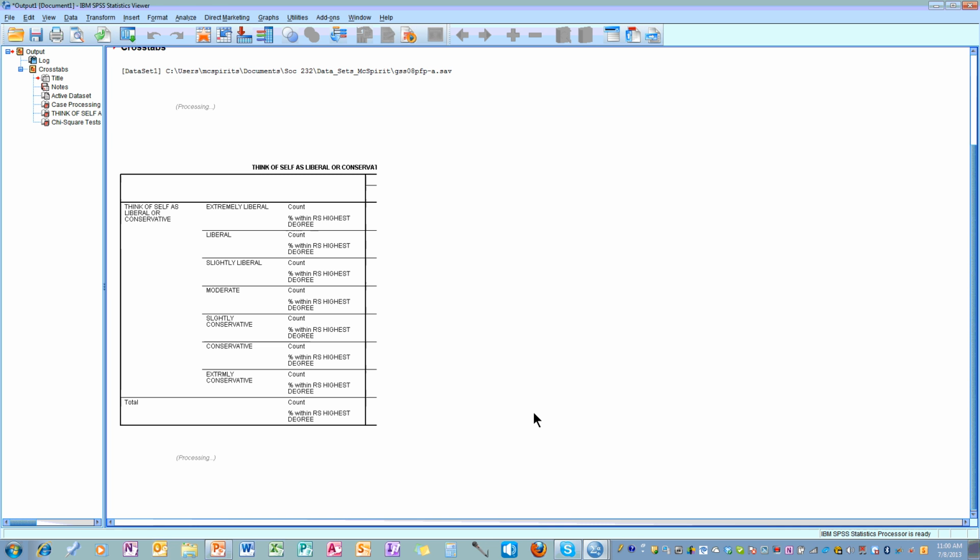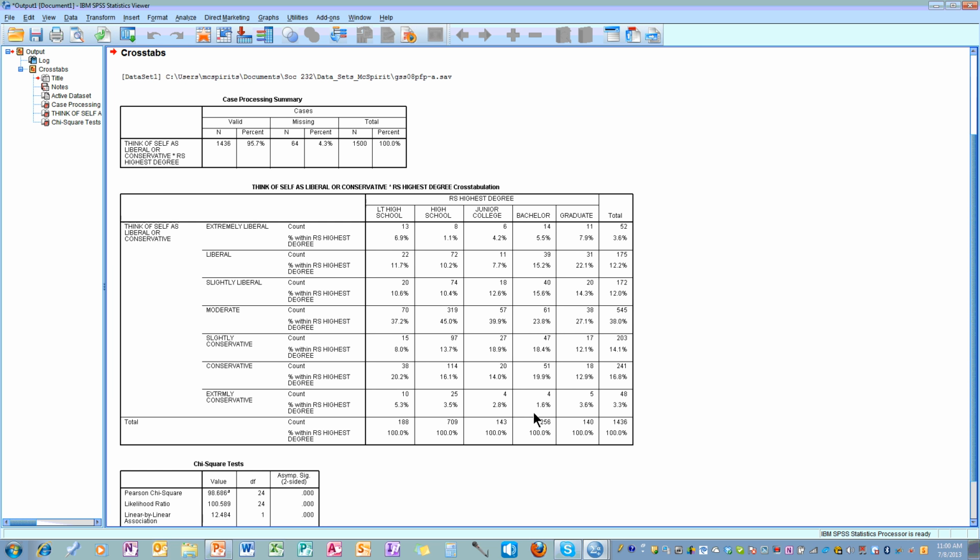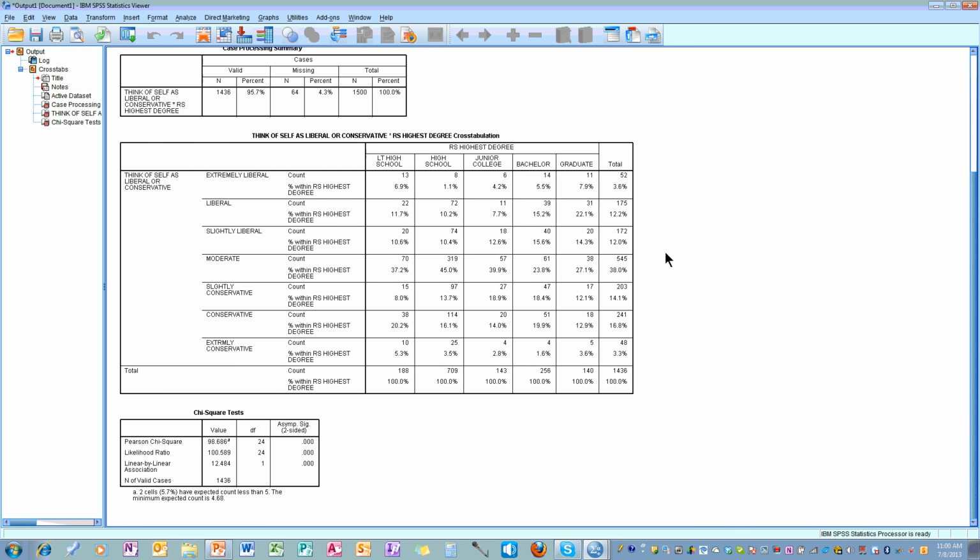It's taking a while to process. Okay, and here is our crosstab, where we're looking at whether those people who are extremely liberal or extremely conservative are more likely to be less educated or more educated, depending on how we frame our hypotheses. And we look at the percentage differences.